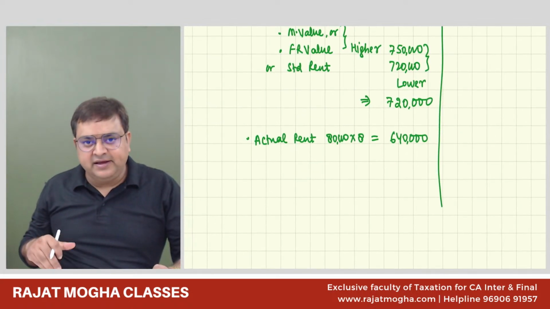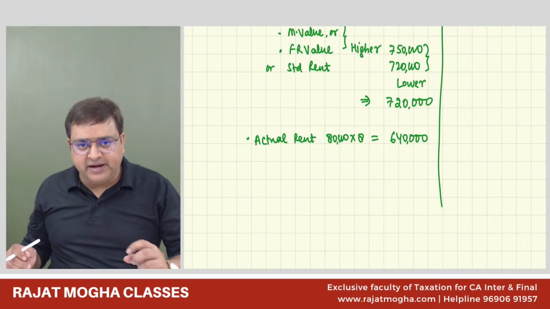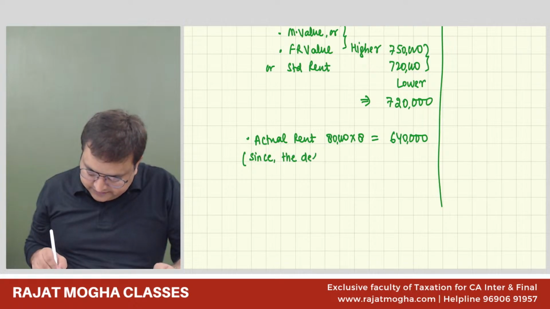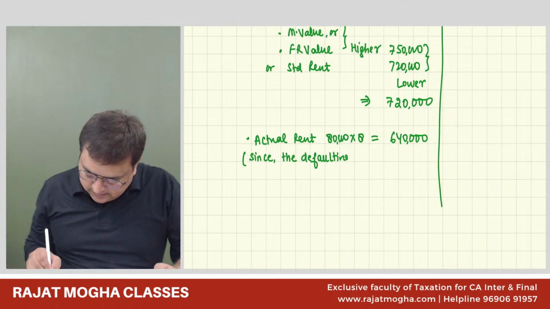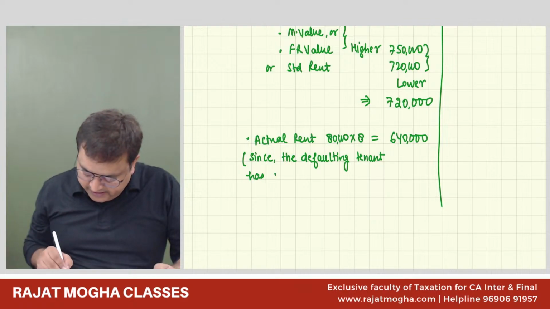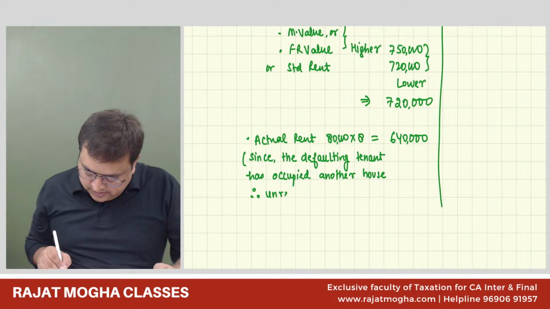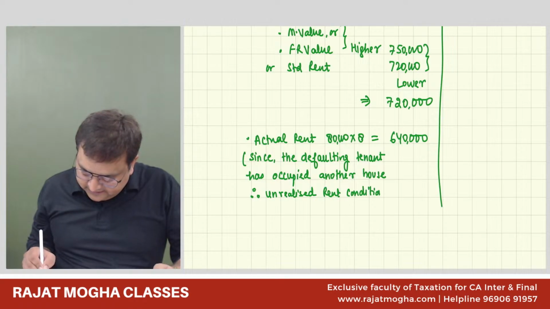So we can write it right here. You can show it as a separate note or you can write it right here. So I'm writing it right here: since the defaulting tenant has occupied another house, therefore unrealized rent conditions are not satisfied.